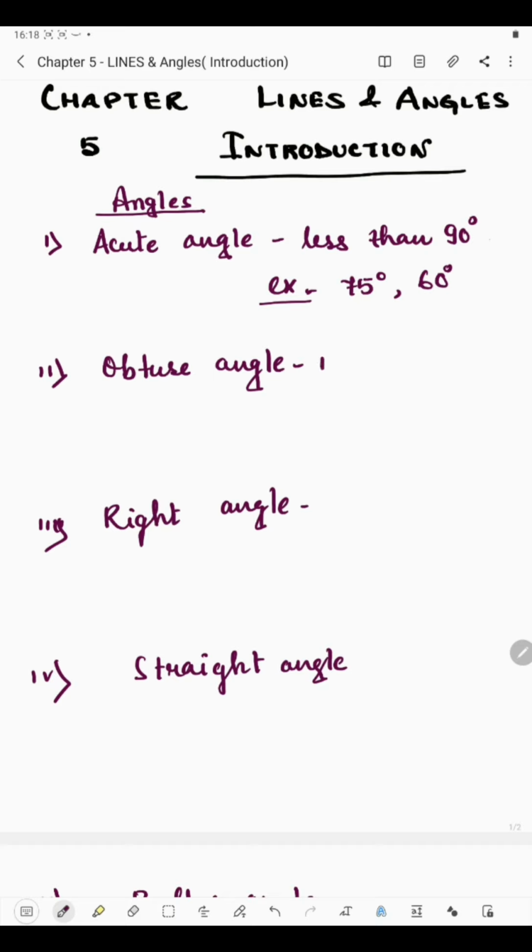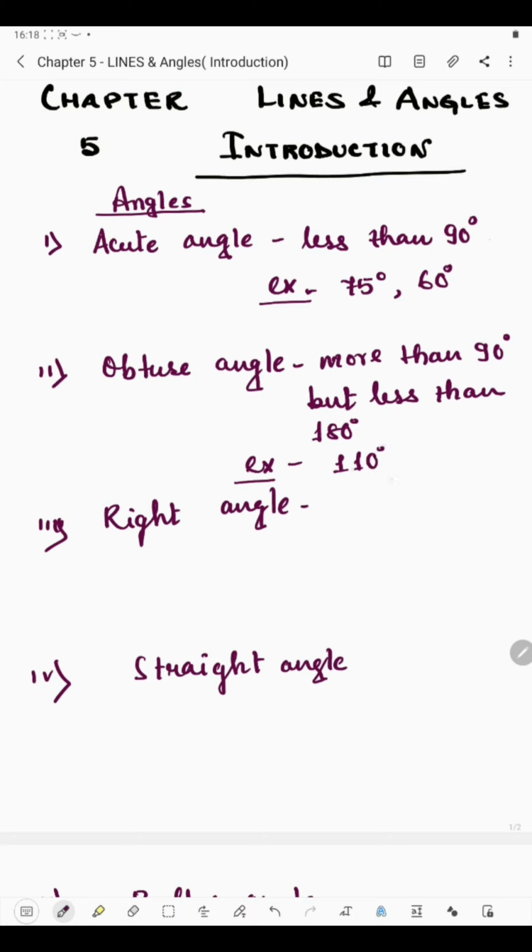An angle which is more than 90 degree but less than 180 degree. For example, say 110 degree is more than 90 degree but less than 180 degree. Then 135 degree.